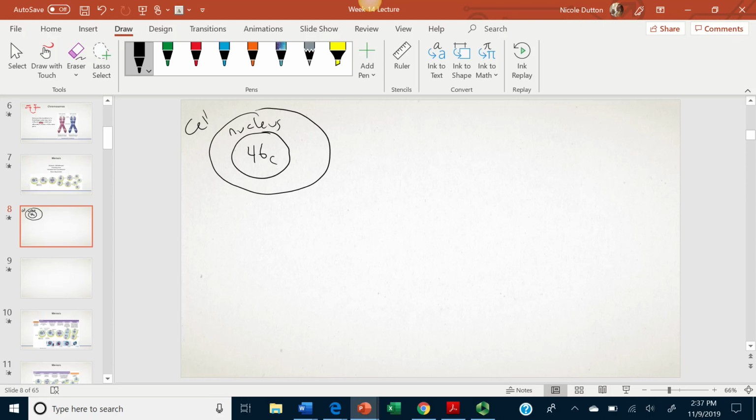Just like with mitosis, this is going to go through a similar type of cycle. All of its genetic material is going to get replicated in the S phase of the cell cycle.